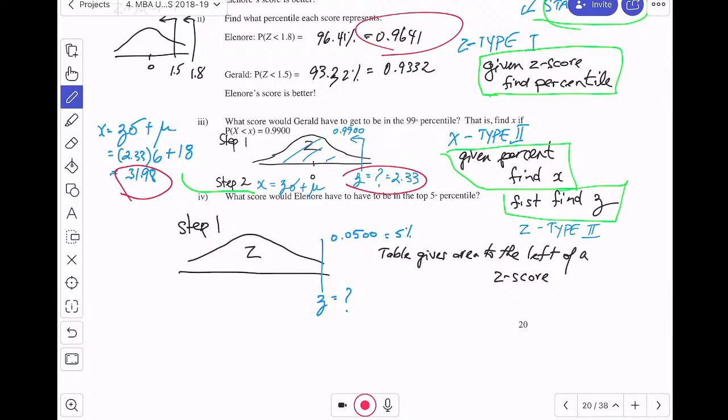So we don't go with the 5%, we go with this other side, with a 95%. And that's what we look up in the table. So that's the area. We look up 95.